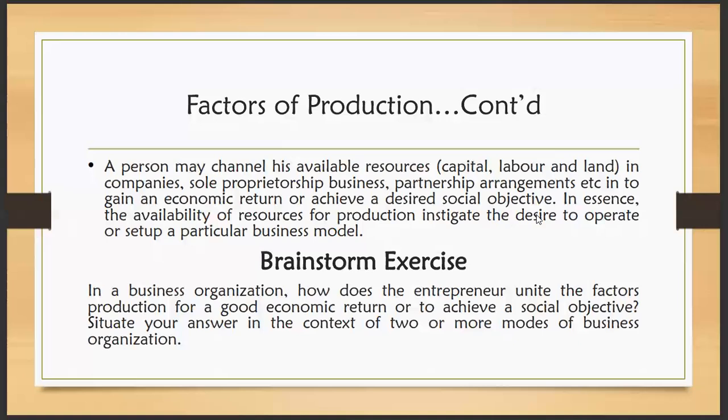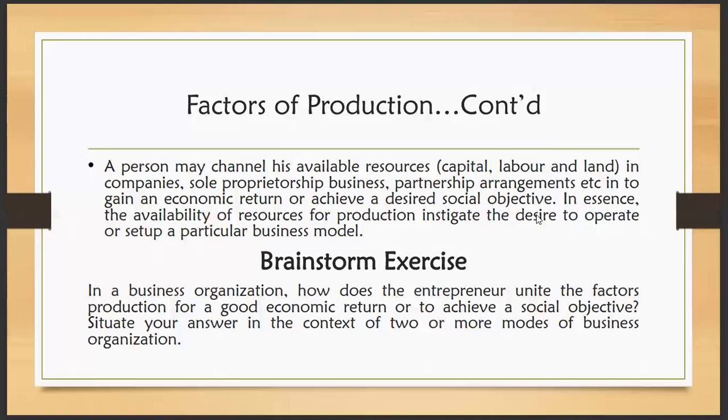A person can channel his available resources, that is the capital, labor, and land, through a vehicle we call a company, or a sole proprietorship, or some partnership arrangement, in order to gain the economic profit or the desired social objective we've talked about.